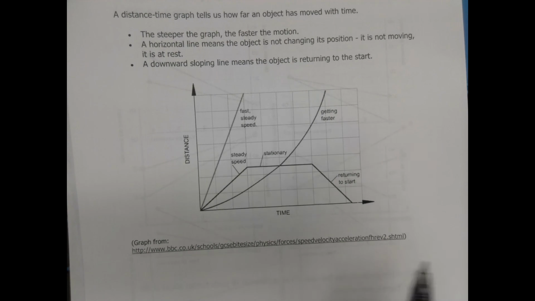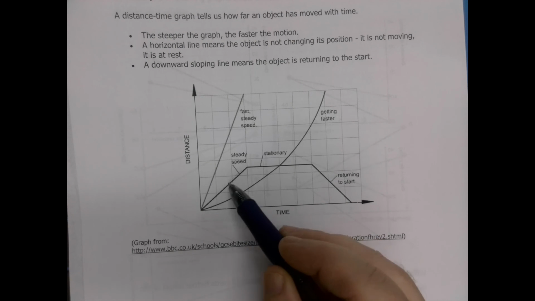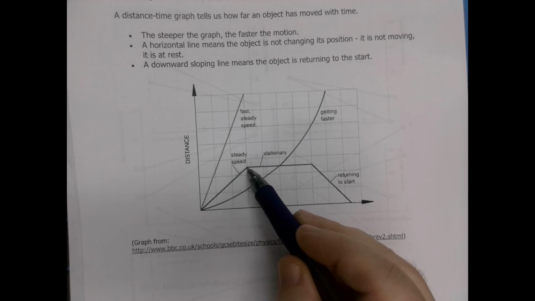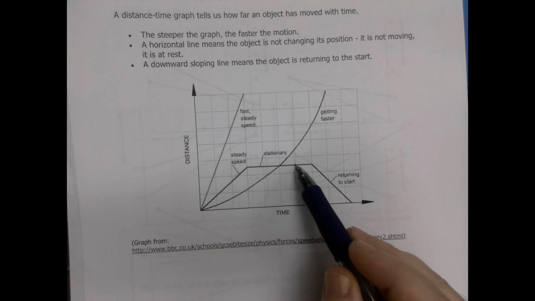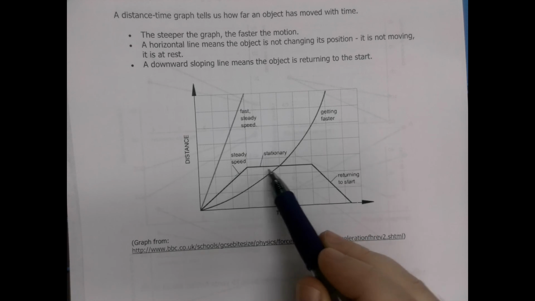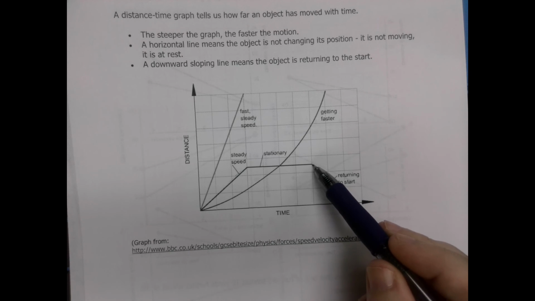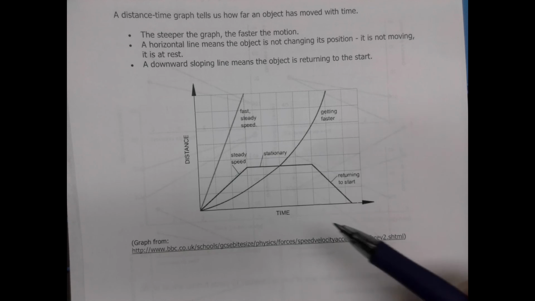So looking here at, for example, this line right here, it is moving at a steady speed forward. When it is horizontal, it means it is stationary. It's not moving. Its distance stays the same. And when it's negatively sloped, it means it's moving backward or toward the start.